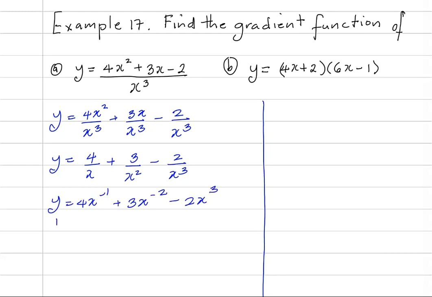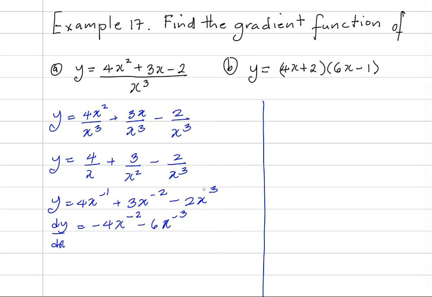So now dy by dx, minus 1 times 4 is minus 4x to the minus 2. The power decreases by 1. Minus 2 times 3 is minus 6x to the minus 3. 3 times minus 2 is minus 6x. Ooh, what an error. Alright, but we spot it in time.